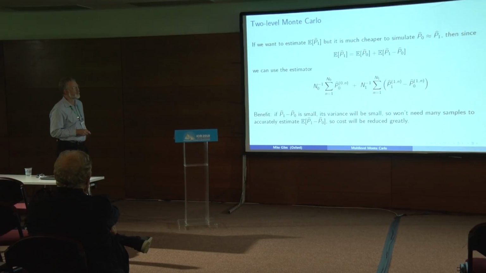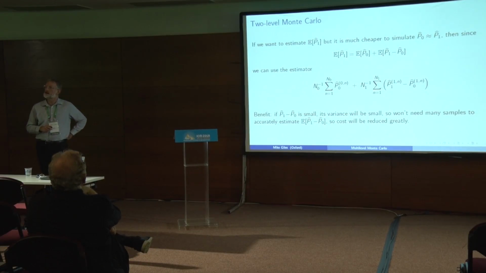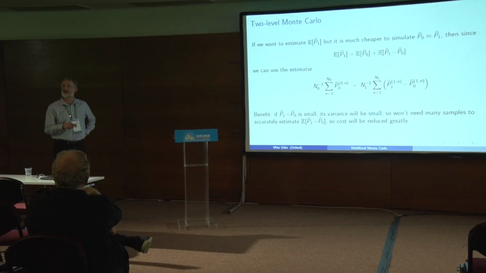Okay? Then we have this trivial identity, that the expected value of p hat 1 is the expected value of p hat 0 plus the expected difference. And rather than directly estimating the quantity on the left-hand side, we're going to independently estimate each of the two quantities on the right-hand side. So we can estimate this one, standard Monte Carlo estimate, using n0 samples.